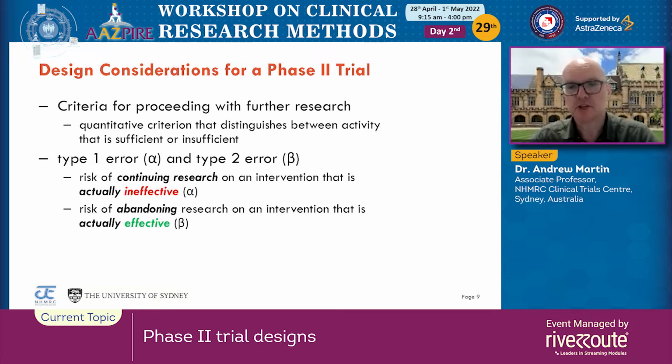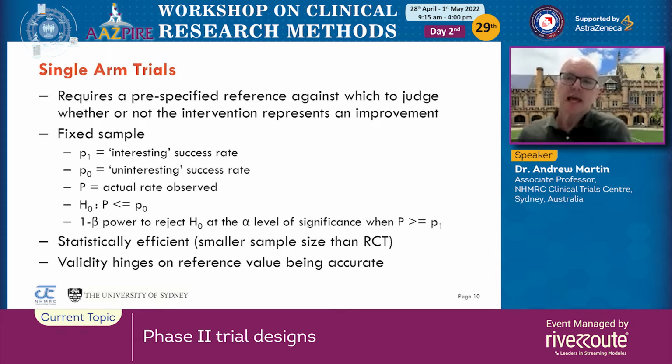So that's probably sufficient on sample size for the time being, but there's another talk coming up which provides more detail. So let's now apply what we've heard about to a situation where we have a single arm trial. With a single arm phase 2 trial, there's no comparator arm. We need to pre-specify some benchmarks against which we're going to evaluate the observed result.